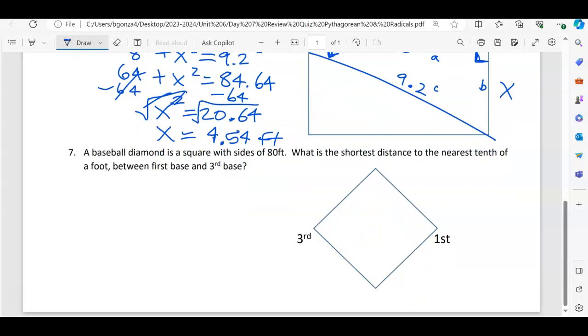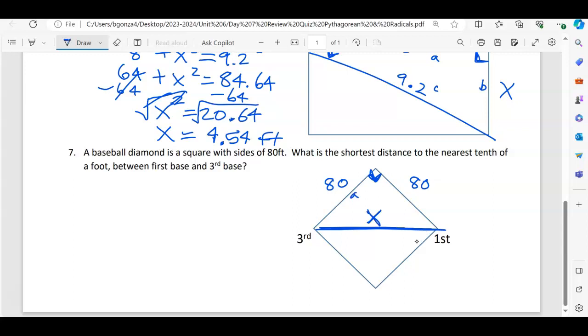Number 7, a baseball diamond is a square with sides of, so it's a square, each side is 80, and if it's a square, this is a right triangle, right? It asks what's the shortest distance to the nearest tenth of a foot between first base and third base. So draw a line from first base to third base. That's what I'm looking for. Okay.